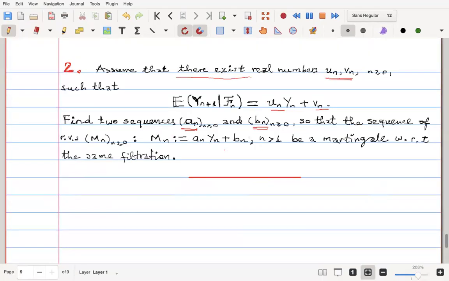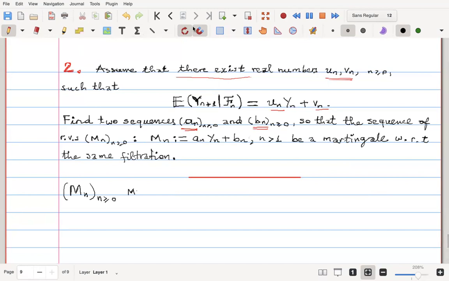So Mn martingale, what does that mean? It means that for any n, Mn is Fn measurable. We are going to use that in our development. Mn is absolutely integrable, meaning that we can compute the expectation of Mn. So Mn, the sequence, n greater or equal to 0 or 1, martingale.